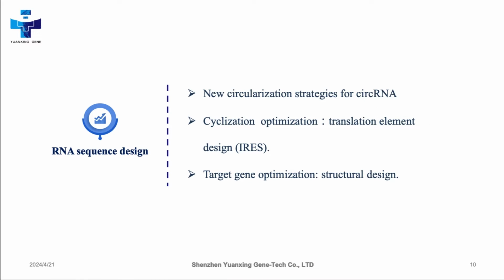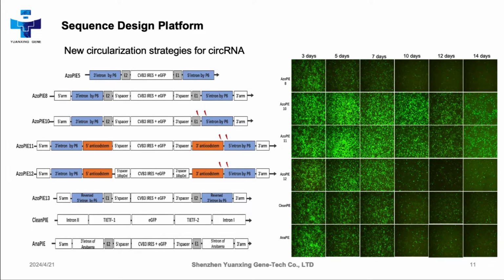In the sequence design, we will showcase our outstanding abilities: circularization strategies for the circRNA, translation element design, and the secondary structure design. First, we have developed a novel circularization strategy, which we refer to as the isoPIE.